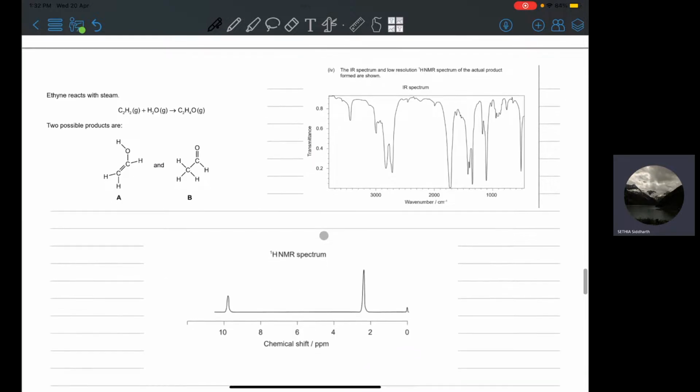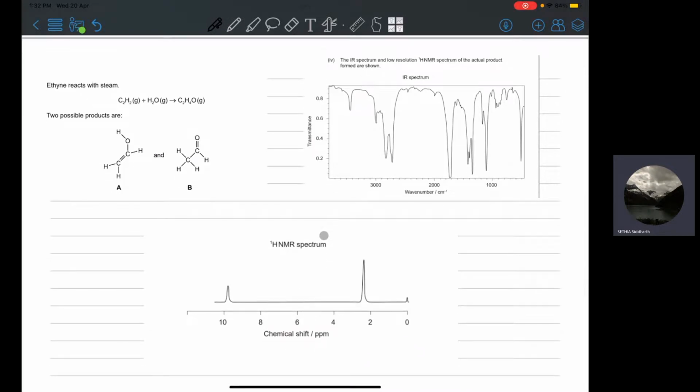Now, I kind of discussed this in my previous video. HNMR, IR spectrum and mass spectrometry are all methods which you can use to determine the structure of a mystery compound that you have formed. This is pretty useful to chemists, and it has a lot of practical uses.